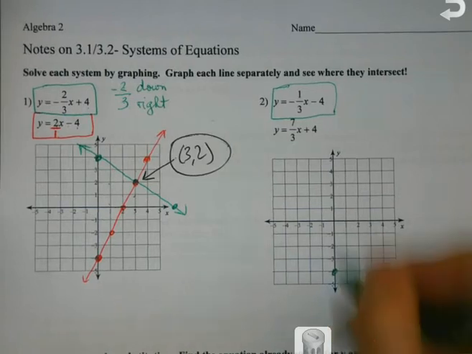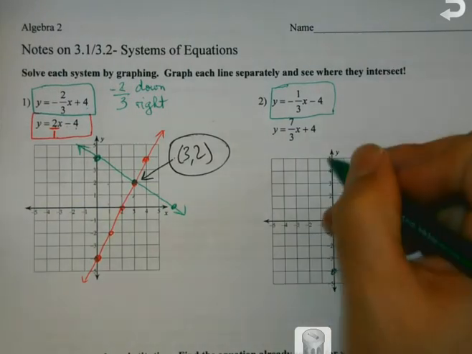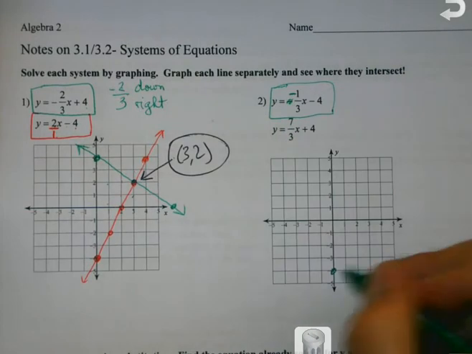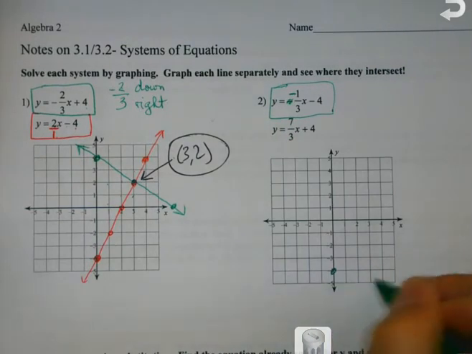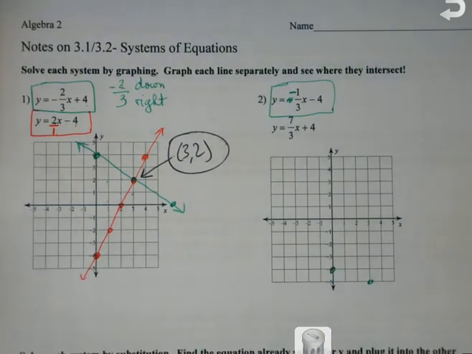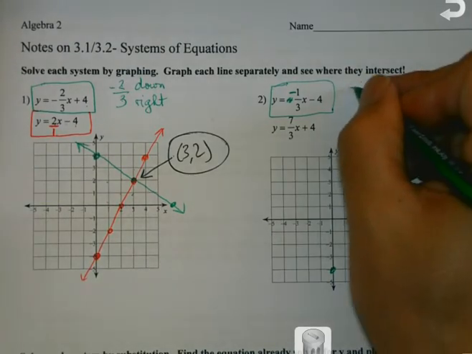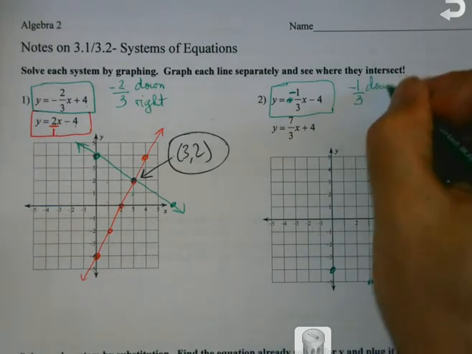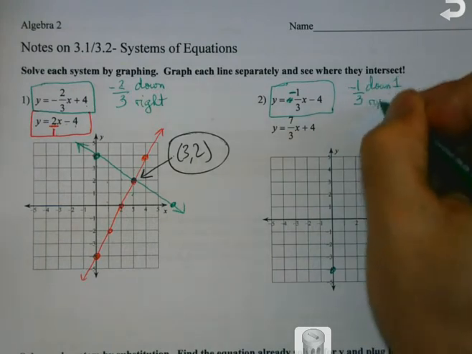-4 is my y-intercept, that first dot again, always on the y-axis. Put the negative up here. So I'm going to go down 1 and right 3. Now you may say, hey, I just ran out of room. Here's something I want you to consider though. If you do -1/3, that'd be down 1 and right 3, like we just did.